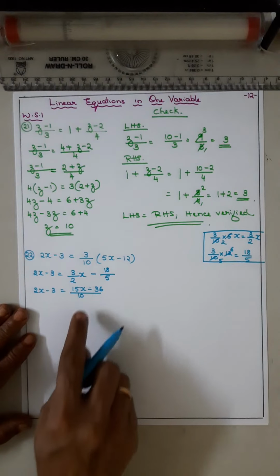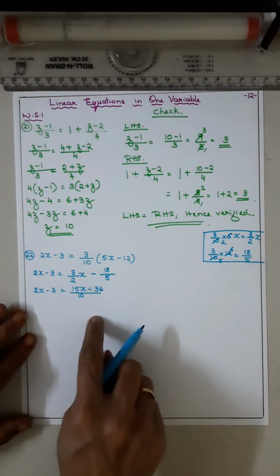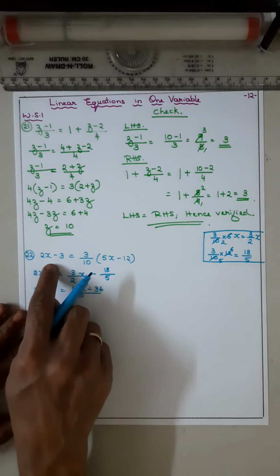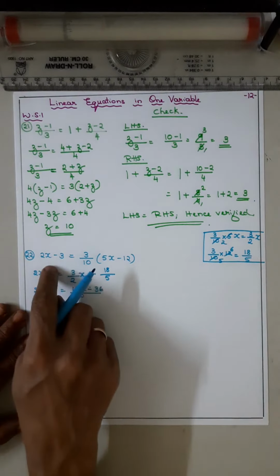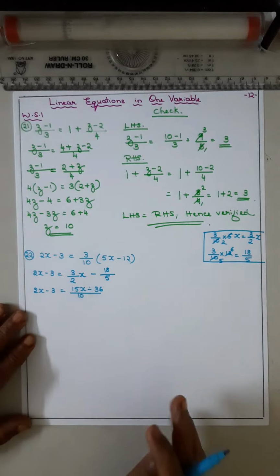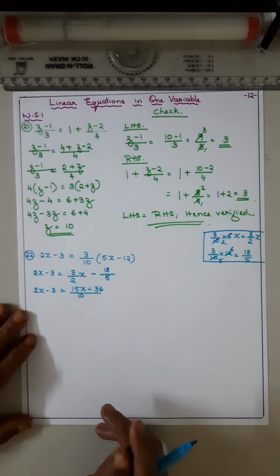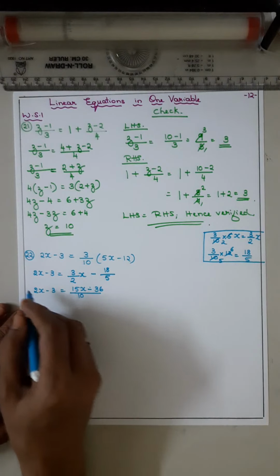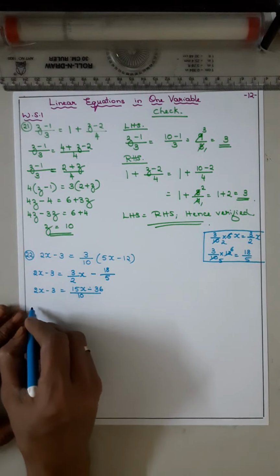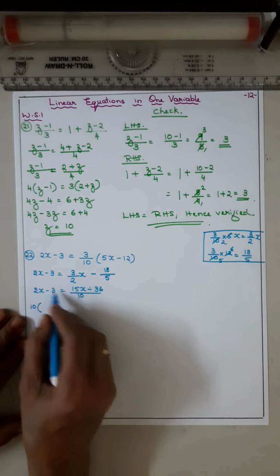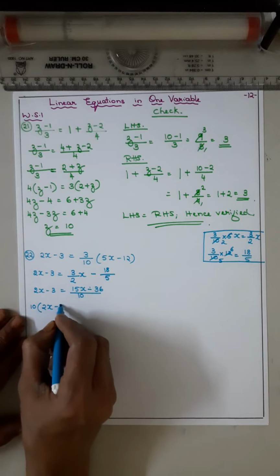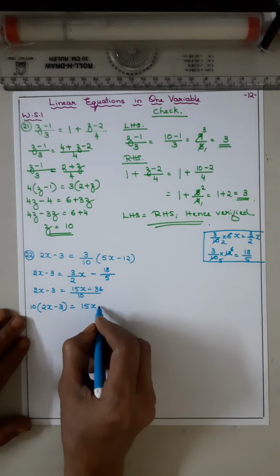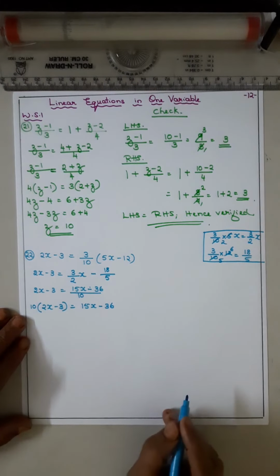Okay. Now cross multiply. So you can take this x here, and you can take the number to this side, that also you can do, but here I have done directly. Okay, now it will be how much? 10 into this, isn't it? 10 bracket open 2x minus 3 is equal to, numerator will be 15x minus 36.